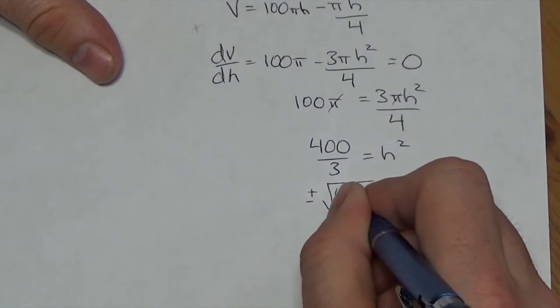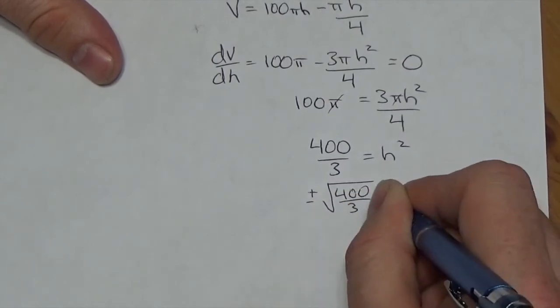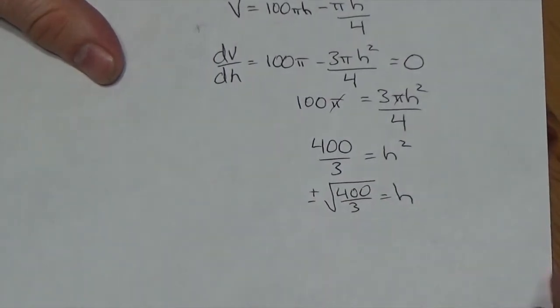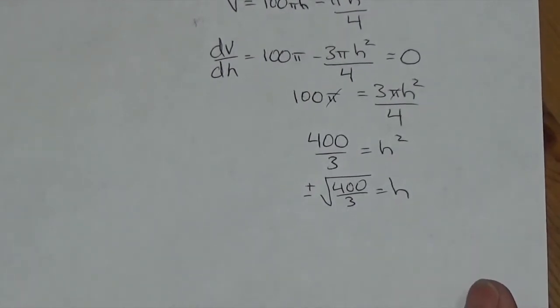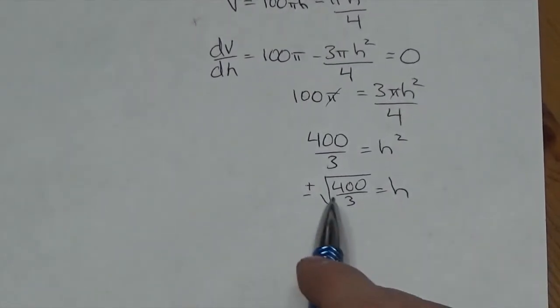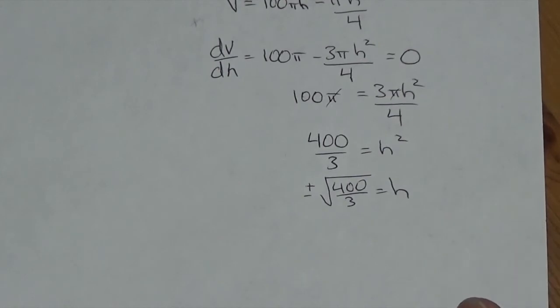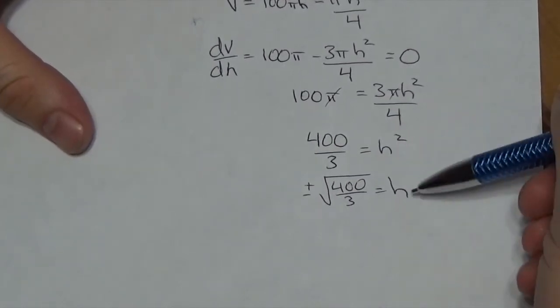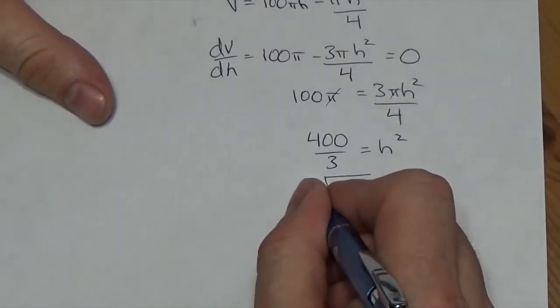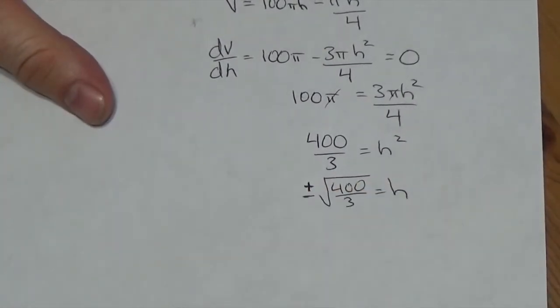Now when I do that, that's the positive or negative square root of 400 over 3. Now I know someone's going to say, wait a minute, time out. Plus or minus, what? We're talking about a shape here. And I know. But from here to here, the correct algebraic step is to state that it's plus or minus the square root of 400 over 3.